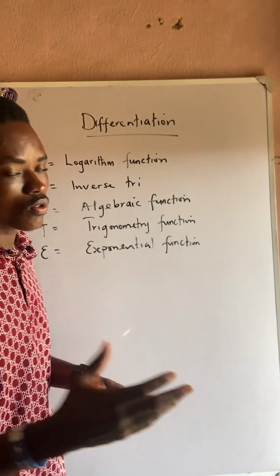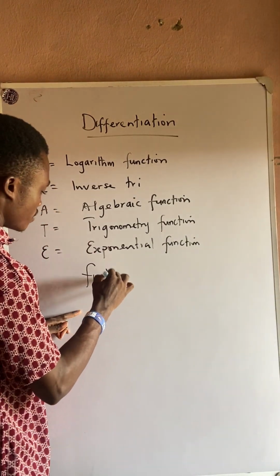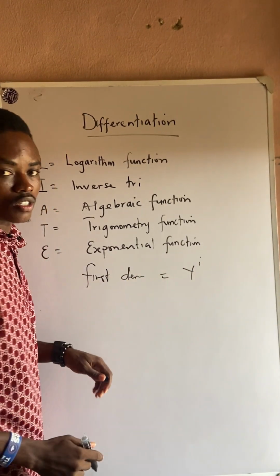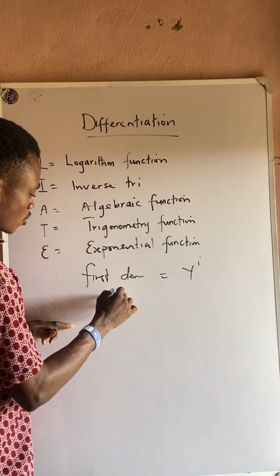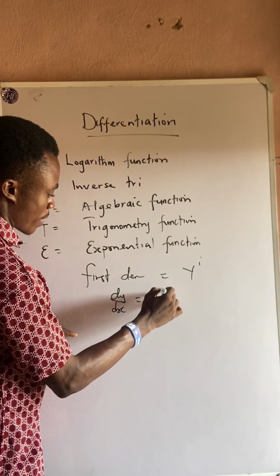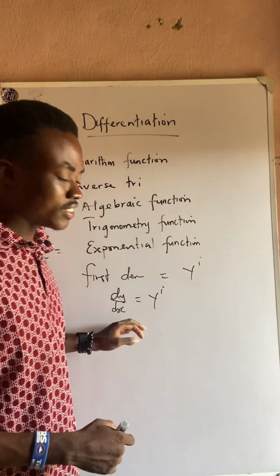So, one of the things I want you to get is that first derivative is equivalent to y prime, which is also dy dx is equal to y prime. So when you see this, you know this is the first derivative.